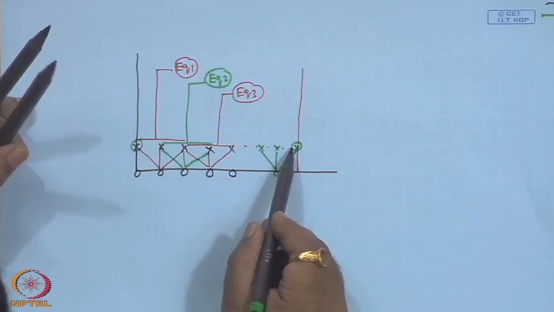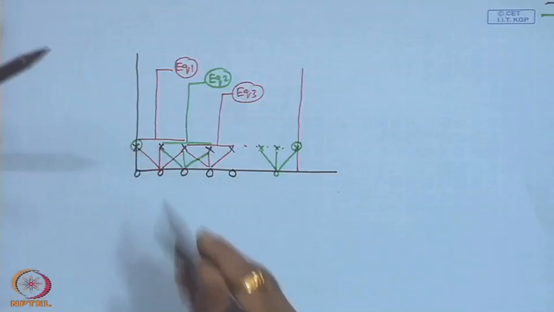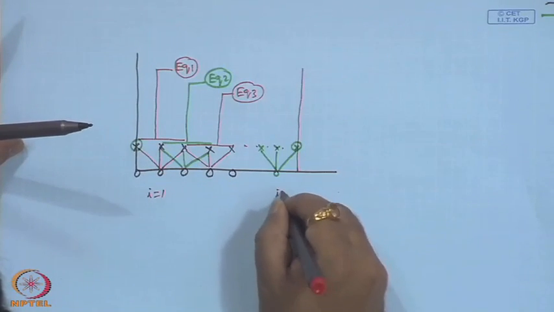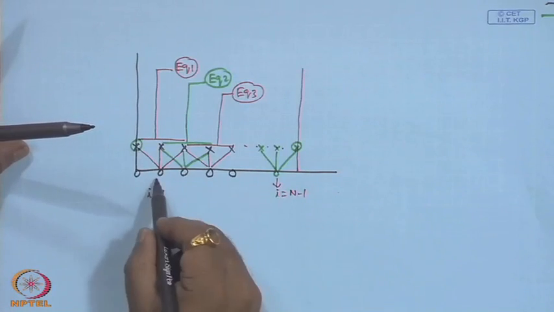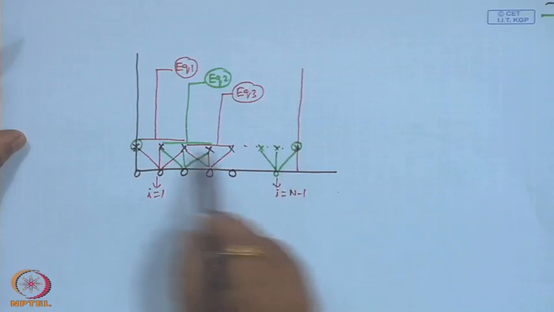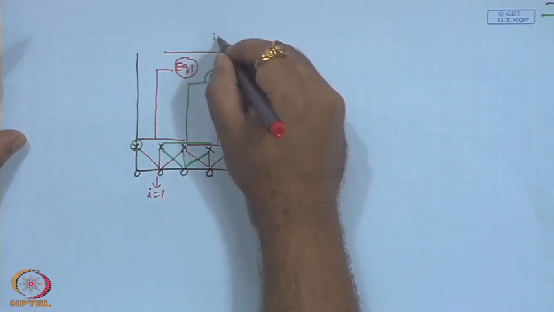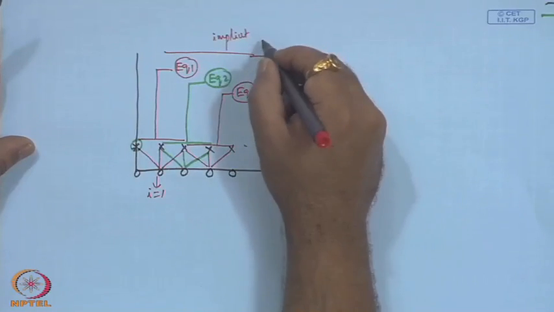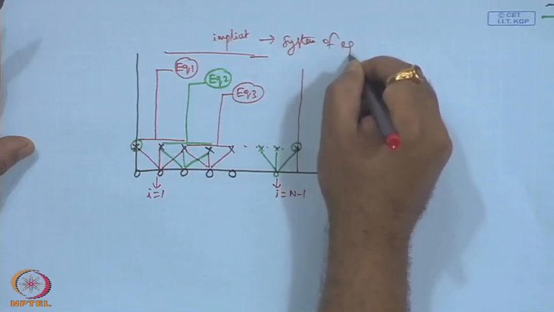So, at the equations where we run corresponding to I equals to 1 and corresponding to I equals to n minus 1, we get one known quantity here and one known quantity. So, the remaining, so this forms implicit and this is nothing but system of equations.